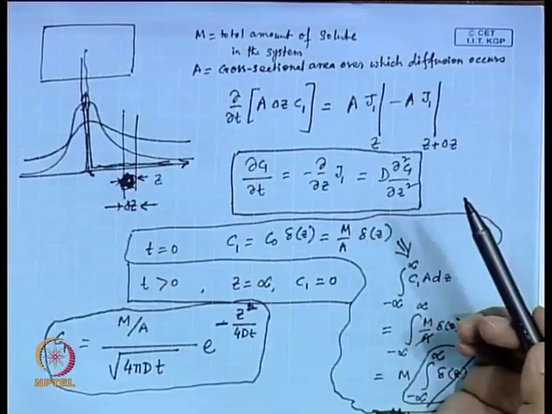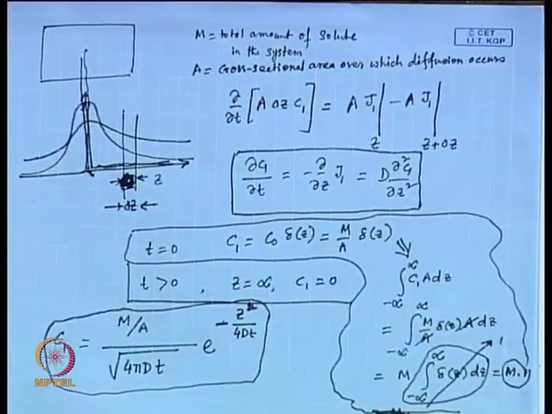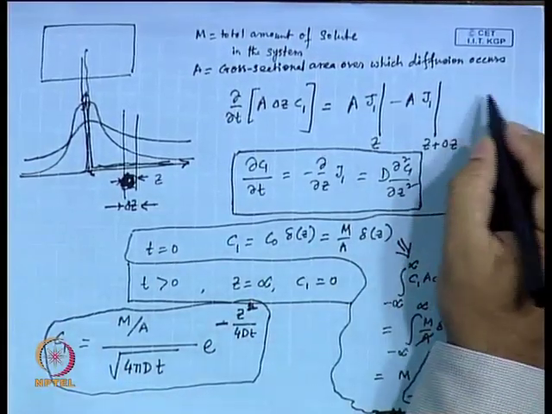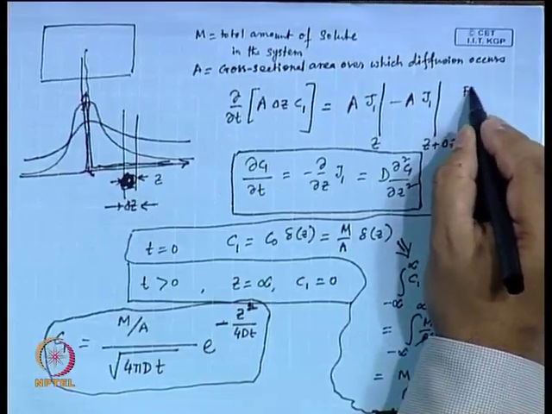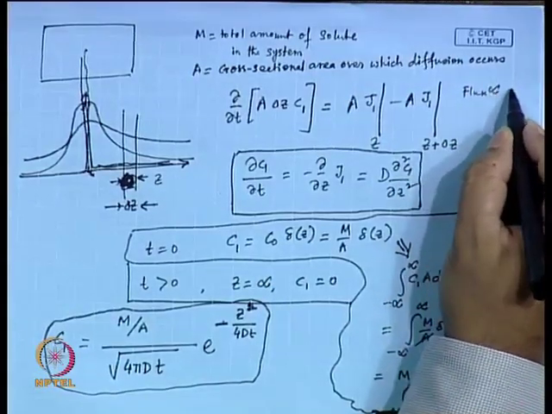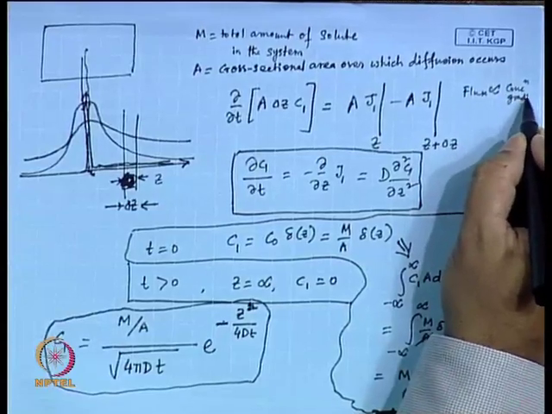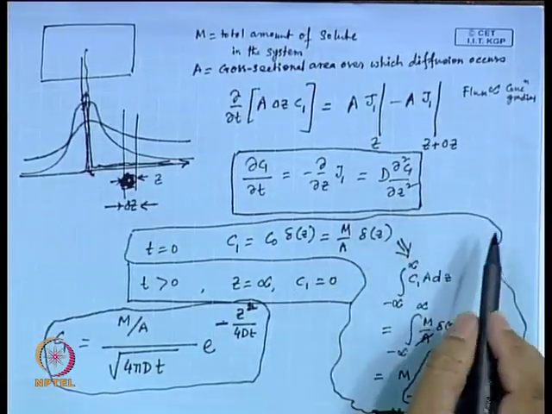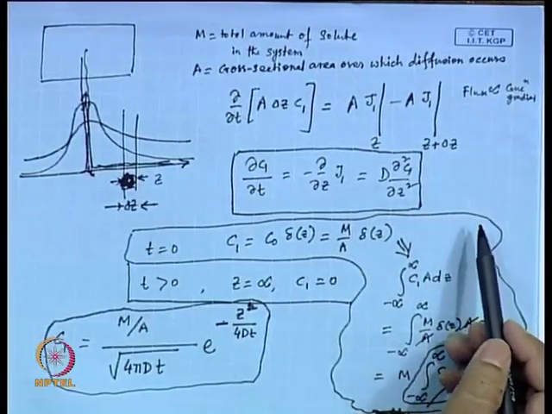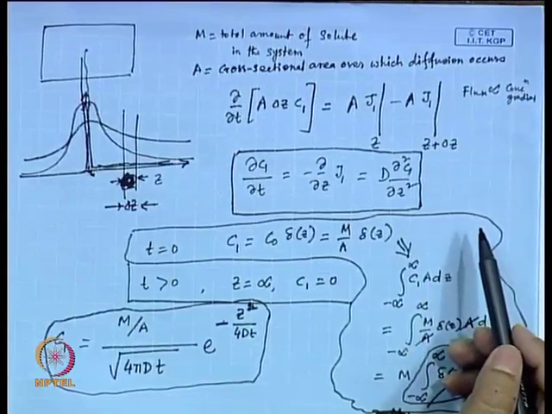So, if you can quickly go through these. This is the mass transfer relationship, that the flux is proportional to the concentration gradient, and the diffusion coefficient is basically the proportionality constant.